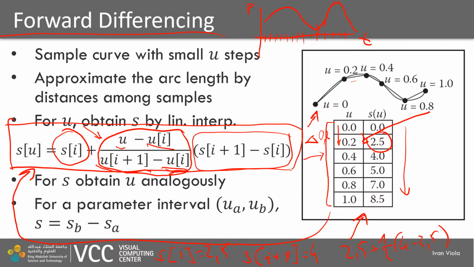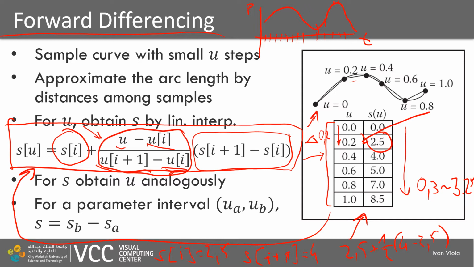So we have here 1.5, and the half of 1.5 will be 0.75, and 2.5 plus 0.75 will be 3.25. So for 0.3, the arc length will be 3.25. Simple calculation using this forward differencing table.